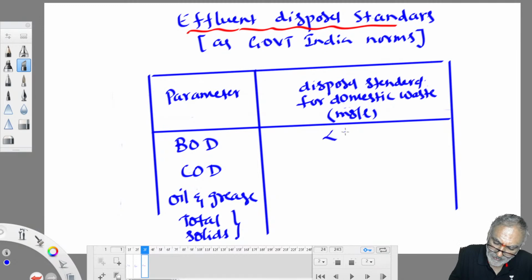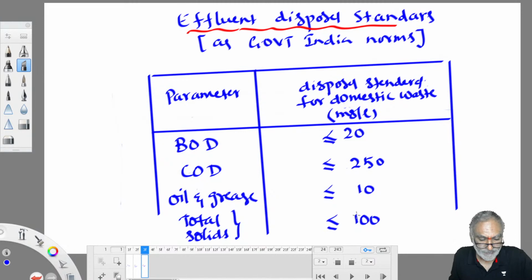BOD should be preferably less than 20 milligram per liter. COD should be preferably less than or equal to 250 milligram per liter. COD includes oxygen demand of biodegradables and oxygen demand of non-biodegradables. Oil and grease preferably less than 10, and total solids preferably less than 100 milligram per liter.